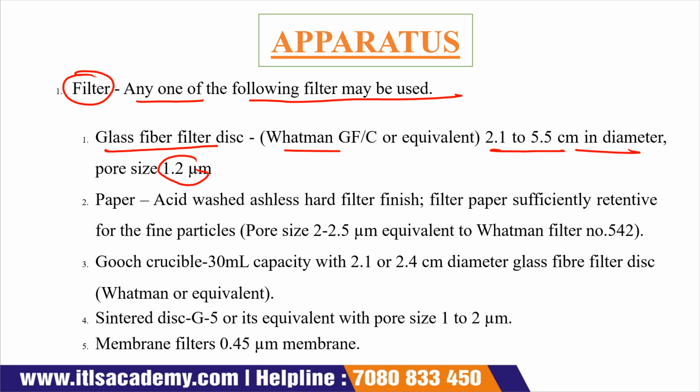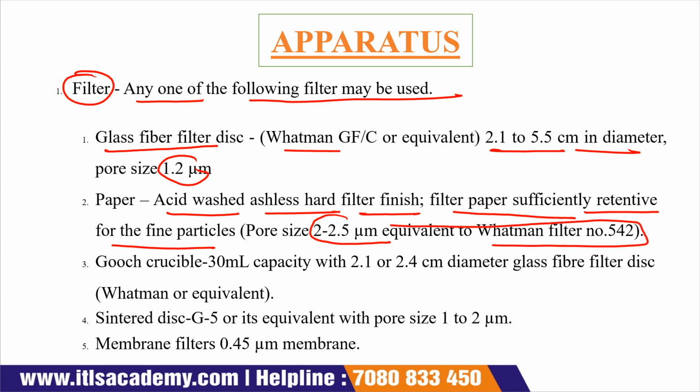The next filter that is required for this experiment is acid-washed ashless hard-finish filter paper, sufficiently retentive for fine particles, and the pore size of the filter paper is around 2 to 2.5 micrometer, which is equivalent to Whatman filter number 542.